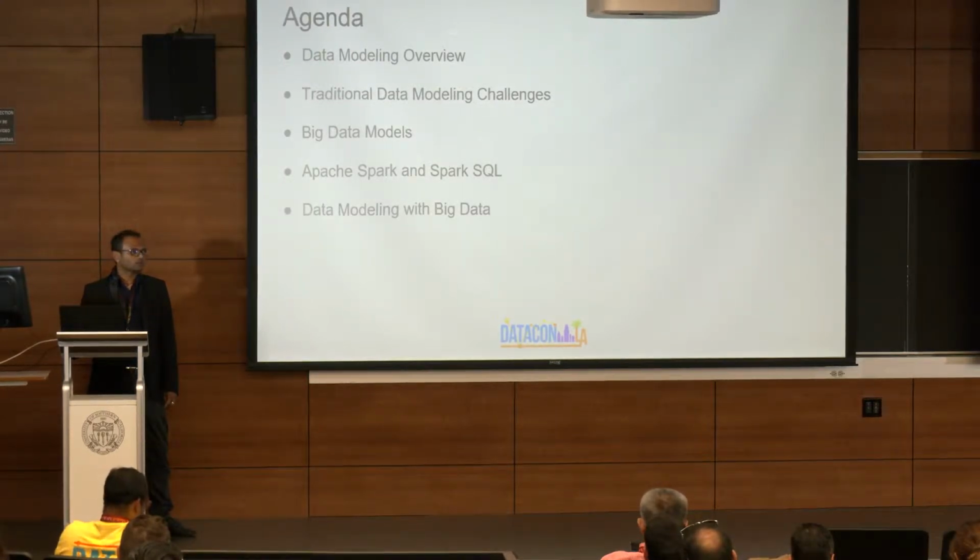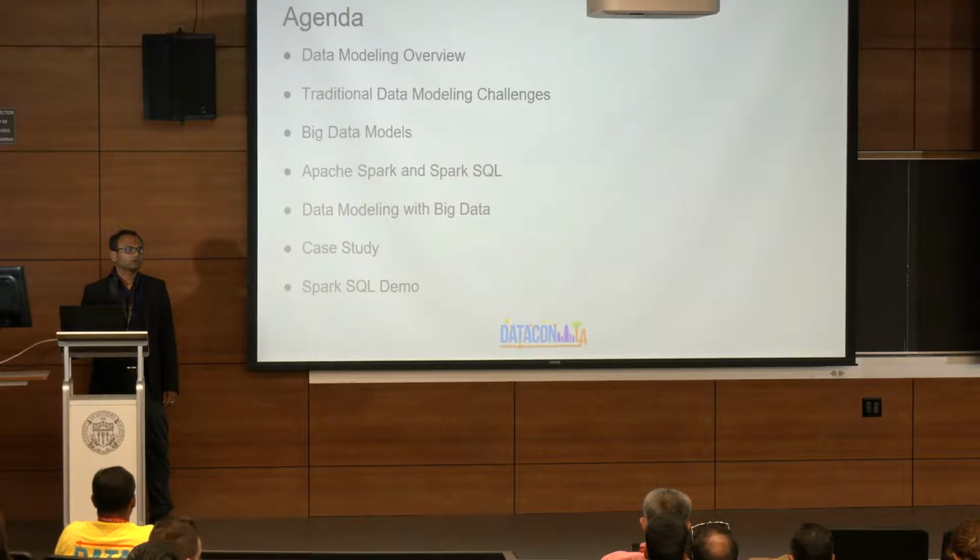Then we'll go over data modeling with big data, some of the concepts and principles on how we can effectively model big data. At the end, if time permits, I'll cover the case study, and I really want to show a demo on Spark SQL, how you can process data using Spark SQL. At the end, I'll spare some time for Q&A as well.